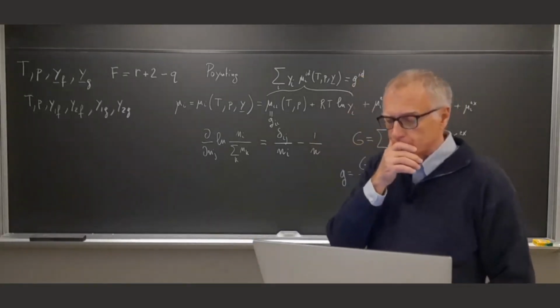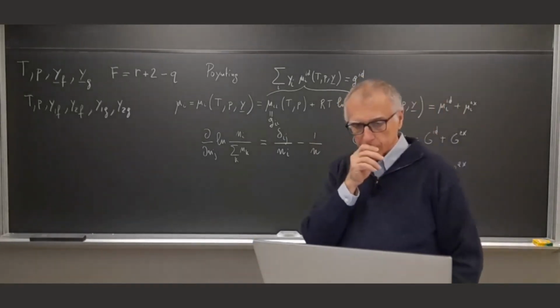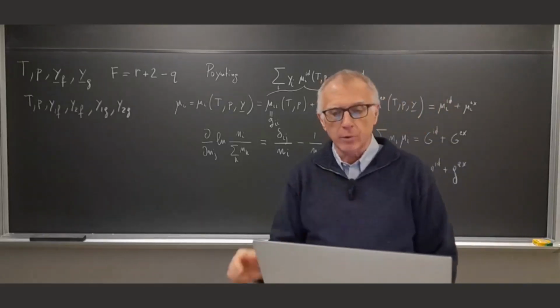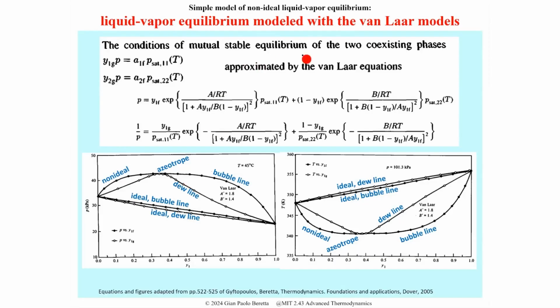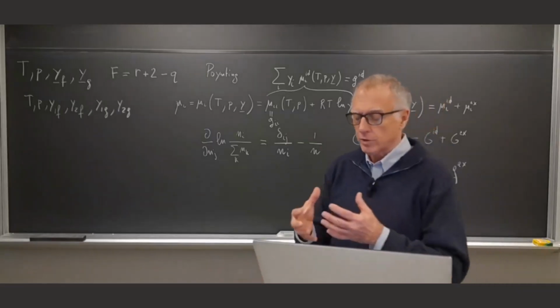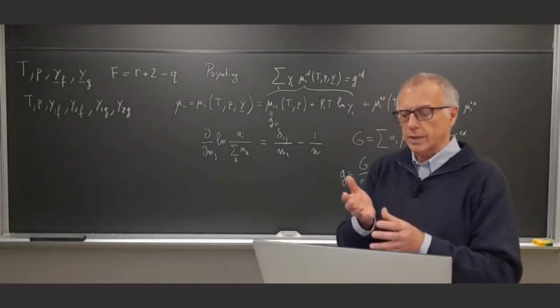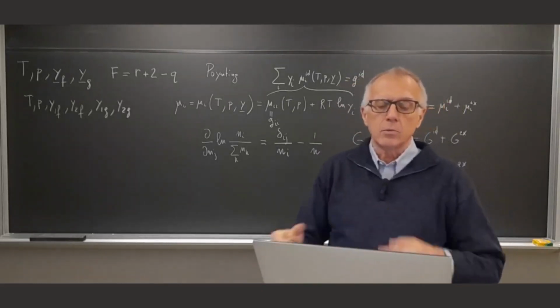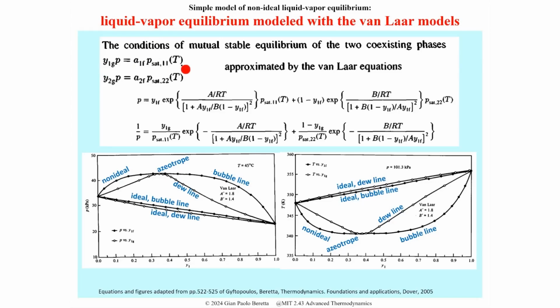That means that when we talk about liquid-vapor equilibrium, for example, let's suppose we use the Van Laar model. And you remember that we have to apply, if we have two substances that are both volatile and condensable, we have to apply twice the Raoult's law.